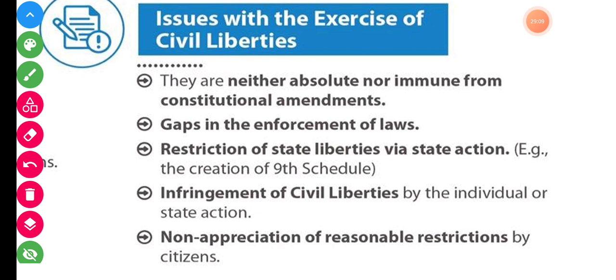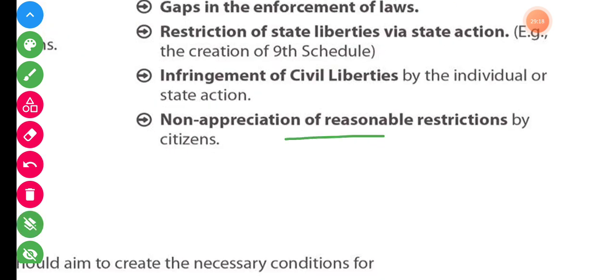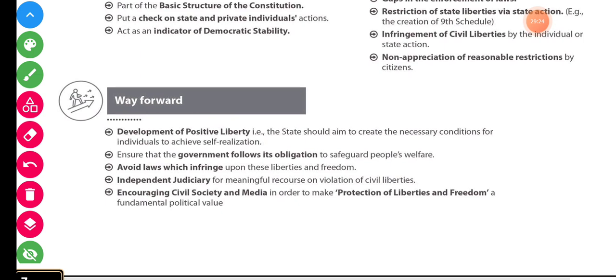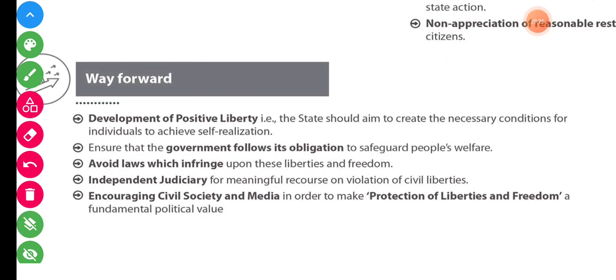Infringement of civil liberties by the individual or state action, and non-appreciation of reasonable restrictions by the citizens. So these you can remember about the civil liberties. What is the way forward to strengthen these civil liberties in society as well as against state action?